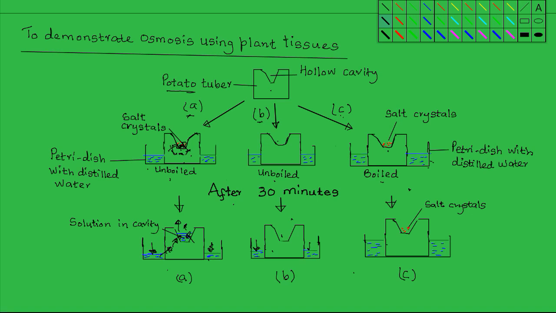So the salt crystals remain undissolved. Water in the petri dish cannot be taken up by osmosis because of the destruction of the cell membranes of the cells in the potato tuber. So consequently, no water is taken up into the tuber, and there is no dissolution of salt crystals in the potato tuber.